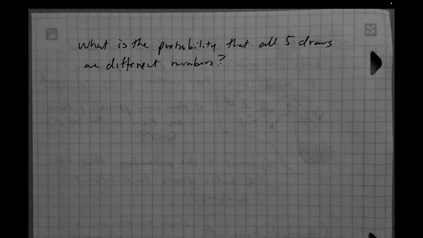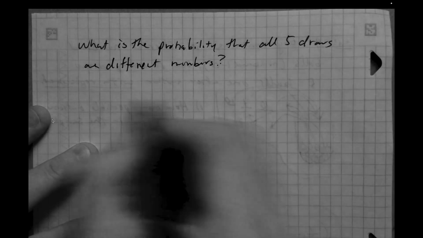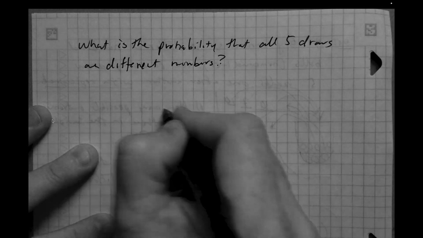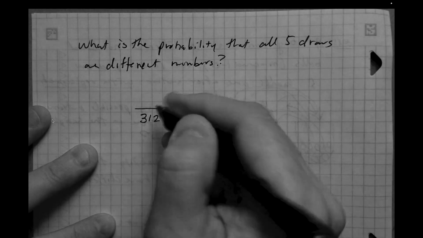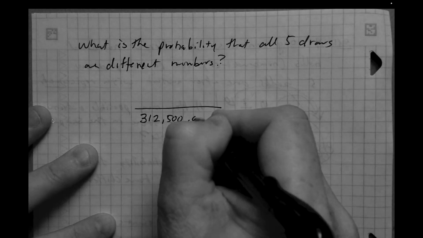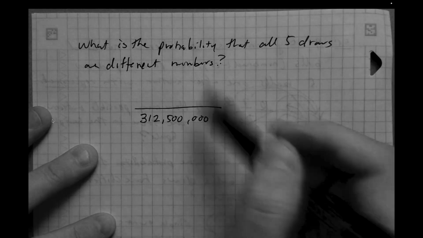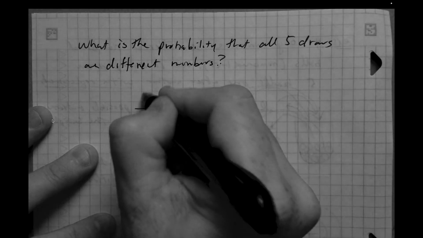Well, I mean, just kind of thinking about this, it is probably likely to happen, isn't it? Right? And really, when I think about the probability of this, the denominator is going to be 312,500,000. And the numerator really needs to be the number of ways that this is possible.